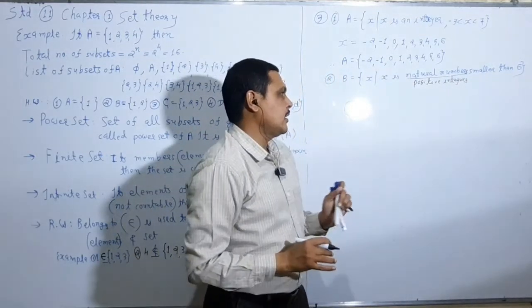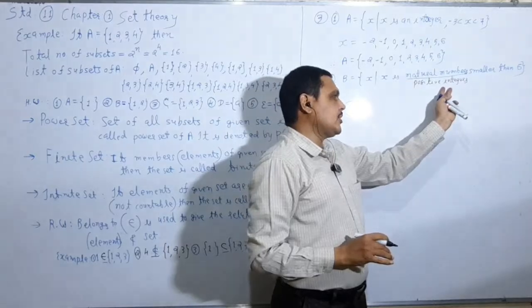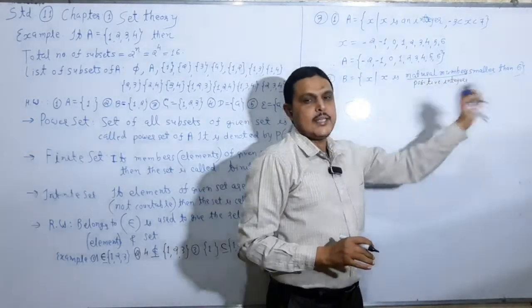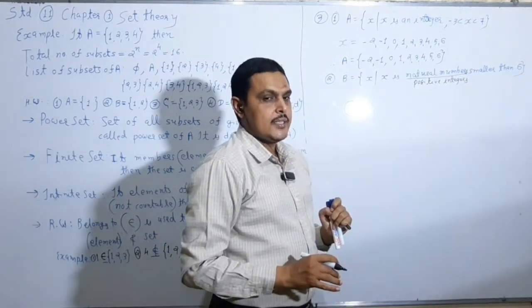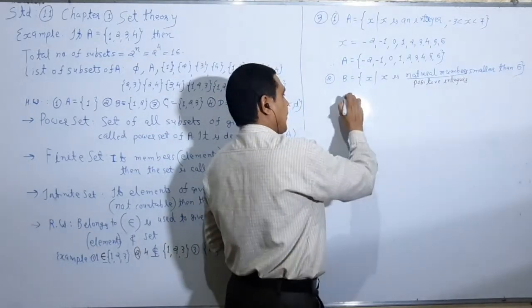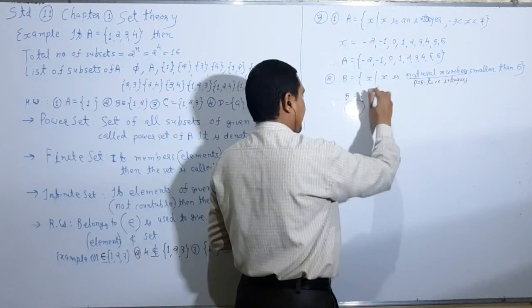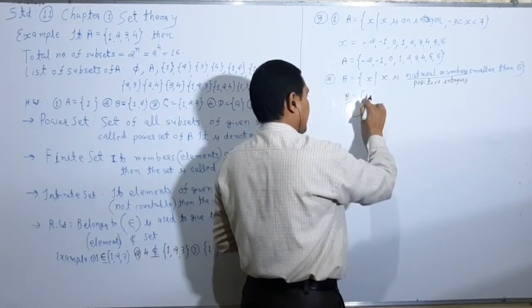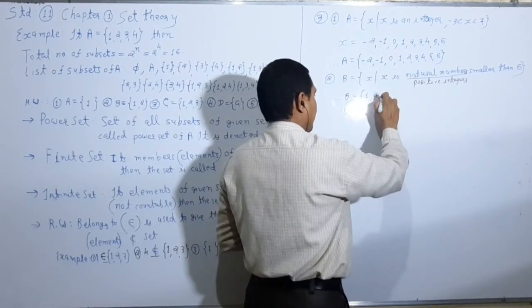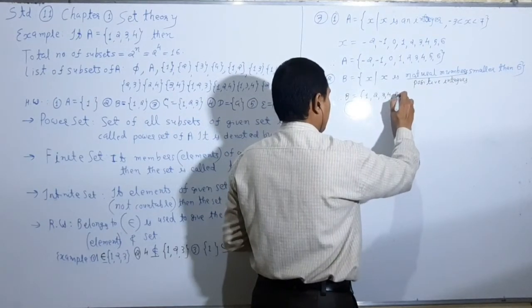So think which are the positive integers smaller than 6. They are 1, 2, 3, 4, 5. So the listing form of this given property form is B is equal to curly bracket 1, 2, 3, 4, 5.